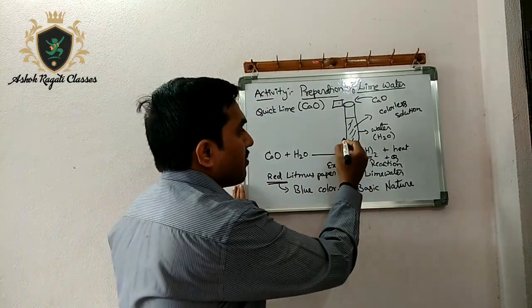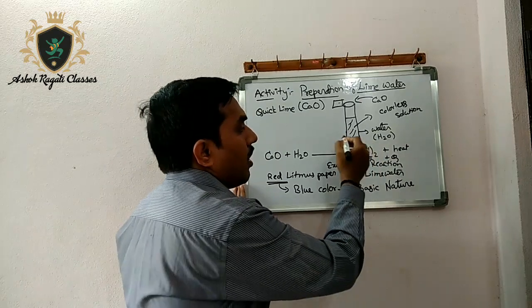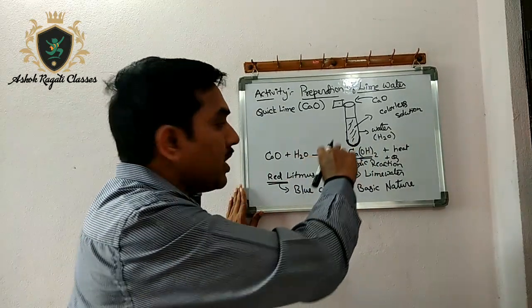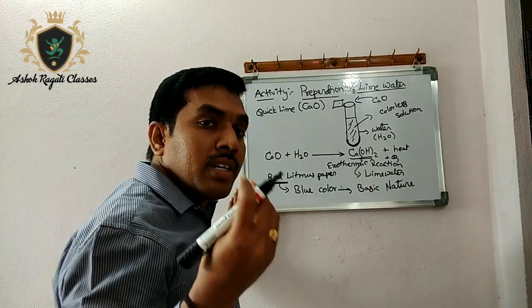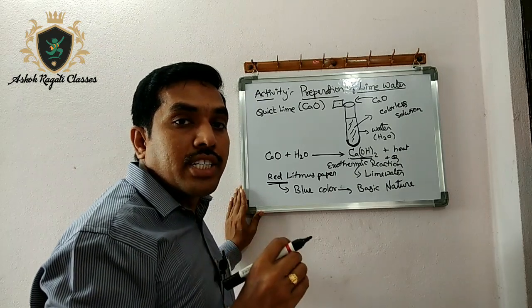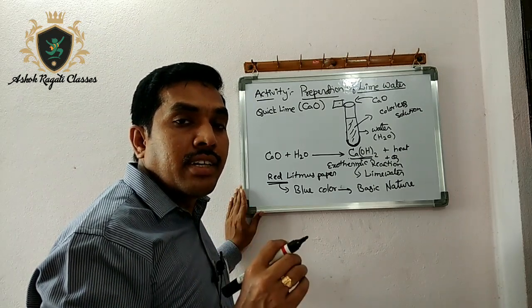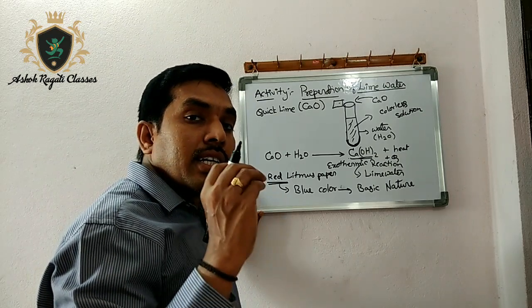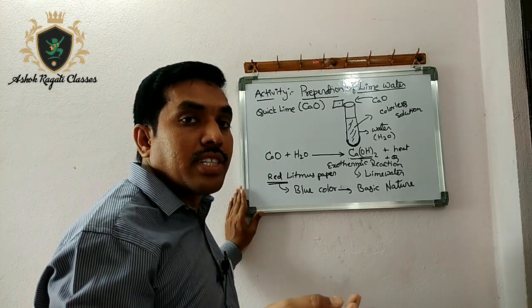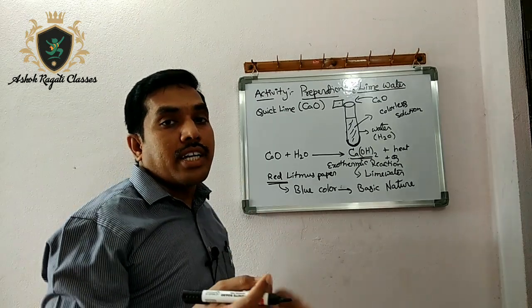If you touch the bottom of the test tube, you will sense some heat. It becomes hot, or you may sense some warmness. So that is an exothermic reaction. An exothermic reaction is a reaction in which heat is released.